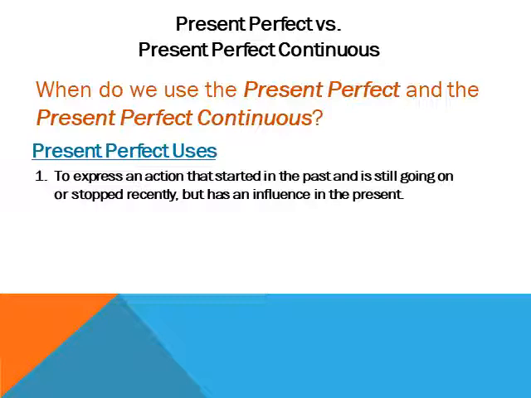So the action started already in the past, but it has an influence in the present time. Number 2, it puts emphasis on the result. So what is important here? The important thing here is the result itself, the influence in the present time.